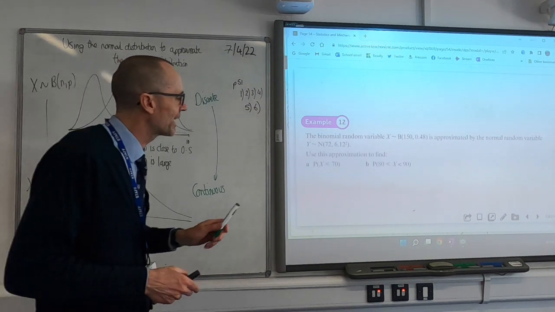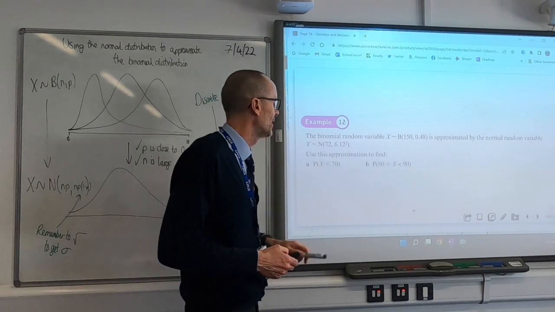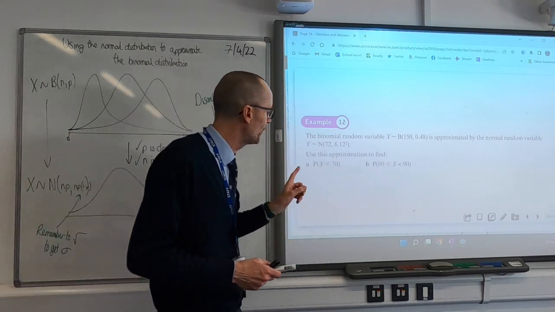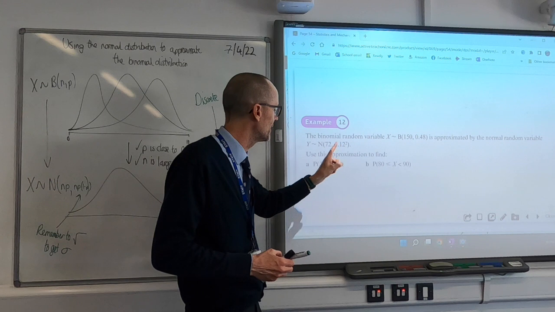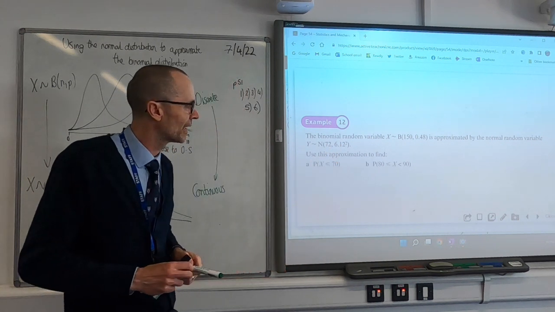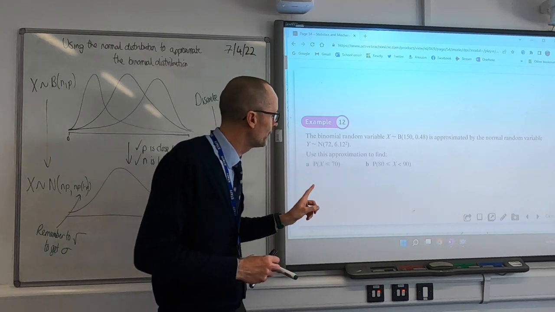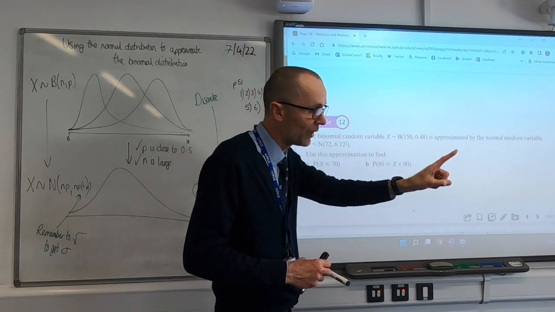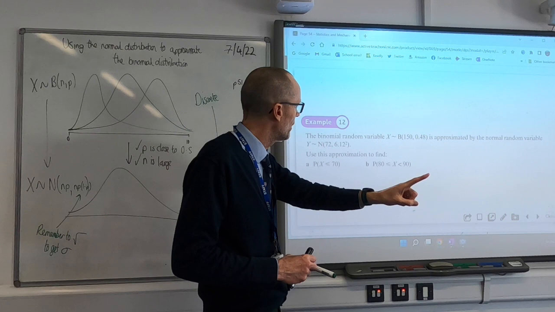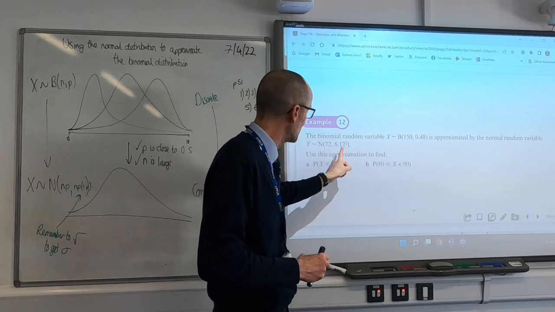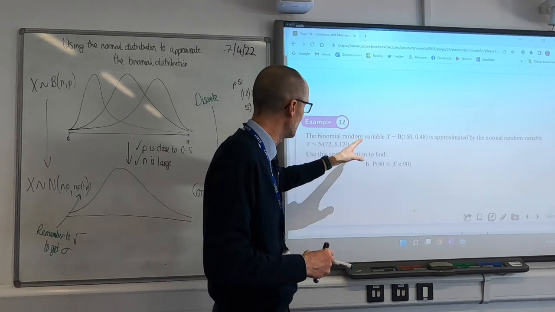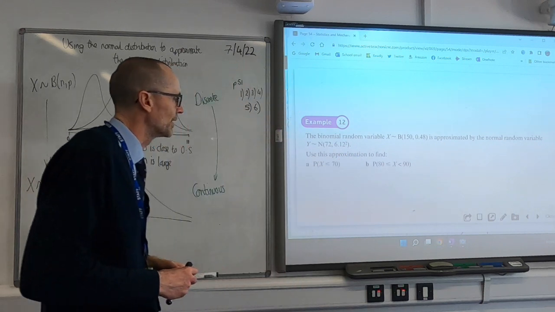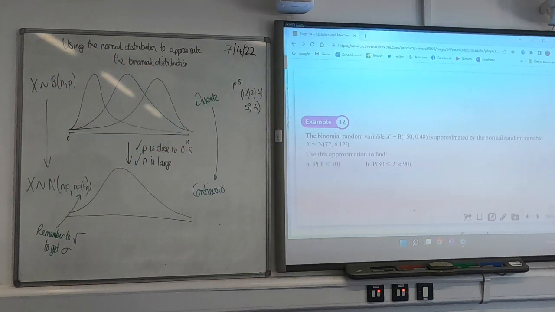And they've even done the calculation for us. They've done 150 times 0.48 to get 72. And they've done 150 times 0.48 times 0.52 to get the variance. And the answer to that is 6.12 squared. So they've even square rooted it for us and told us the standard deviation is 6.12.